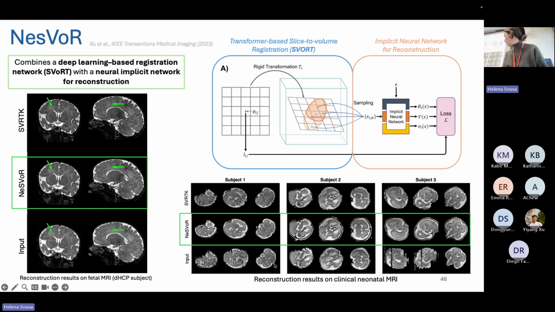And as well for neonatal cases, they show that in some subjects where there is severe motion, NeSVoR is able to reconstruct them compared to classical methods.